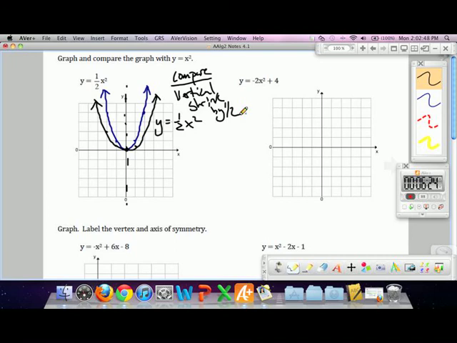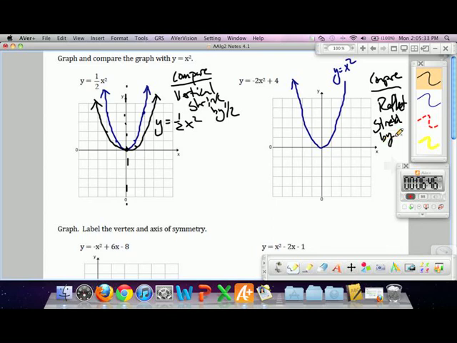I know that this is some things that I've done to the original function. I've multiplied it by a negative number, so there's a reflection. I've multiplied it by 2, so it's being stretched out by a factor of 2. So I'm multiplying the x squared by 2. I'm also adding 4 to everything. Thinking back to our comparisons of parent functions, when we add to the function, that's a vertical, up and down slide.